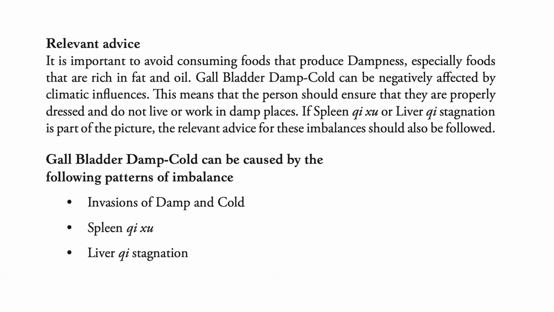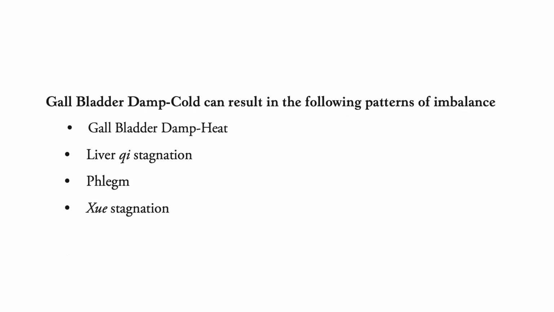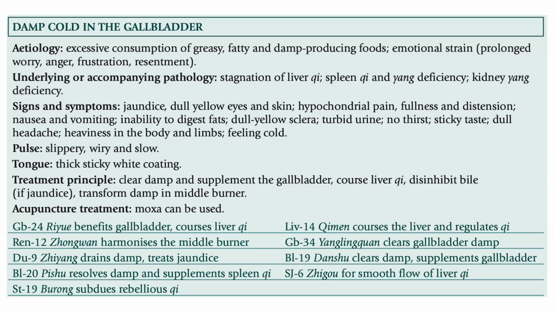If spleen qi deficiency or liver qi stagnation is part of the picture, the relevant advice for these imbalances should also be followed. Gallbladder damp-cold can be caused by invasion of damp and cold, spleen qi deficiency, liver qi stagnation, and in turn can result in gallbladder damp heat, liver qi stagnation, phlegm, and blood stagnation.